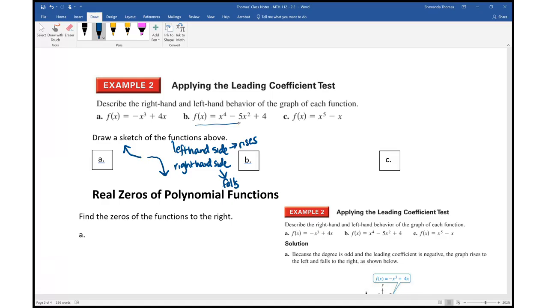Let's go to the next one. We have f of x equals x to the 4th minus 5x squared plus 4. The degree is 4, therefore it's even, so it will behave like the quadratic function.